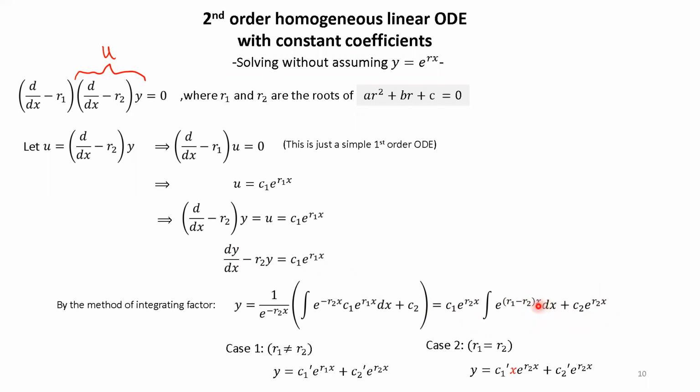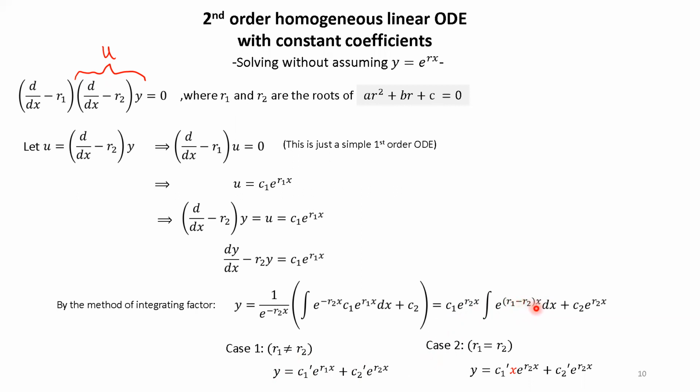Case one is that R1 is not equal to R2. Then integrating this will still give you the exponential function, and you'll get to this result. However, the other case is the case of repeated root that we spent a bit of time on, when R1 equals R2.